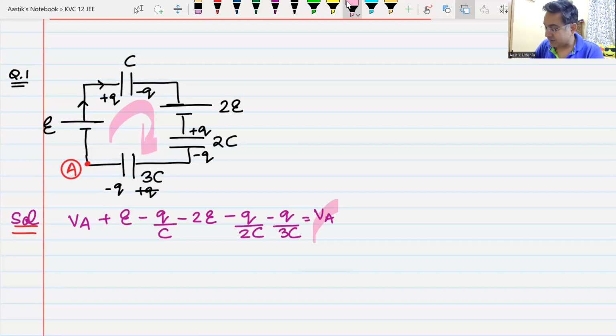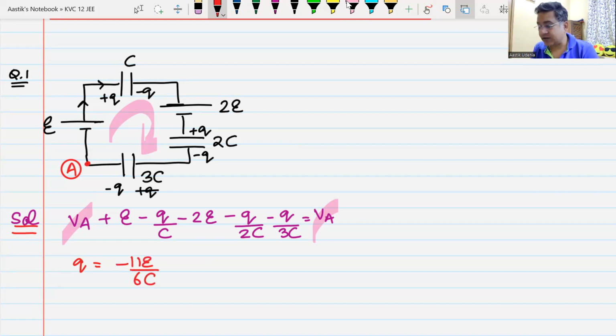That looks correct. You can cancel this VA, and from here you should get the value of Q. How much is the value of Q coming? 11E by 6C, plus or minus? Minus. That means my assumption was wrong. It is coming minus 11E by 6C.